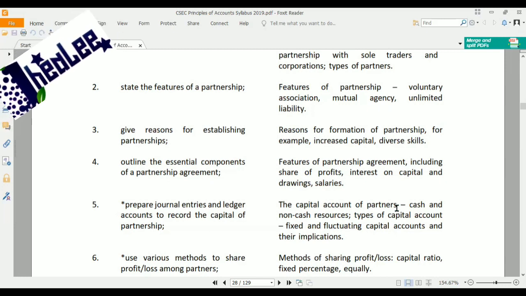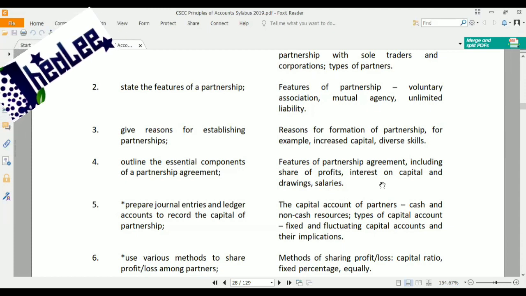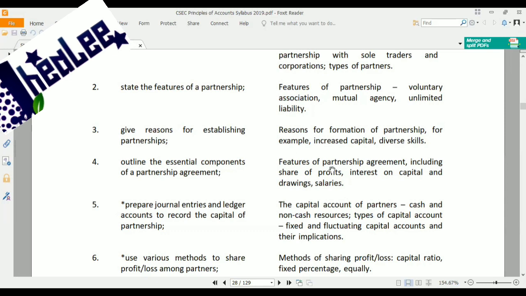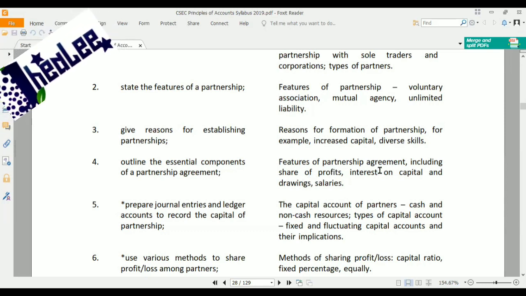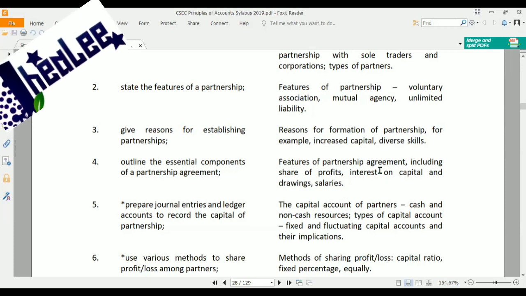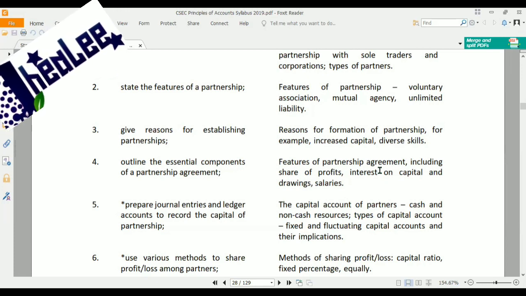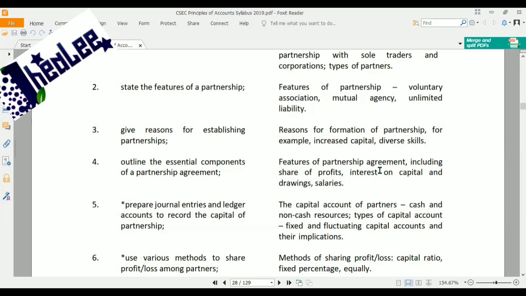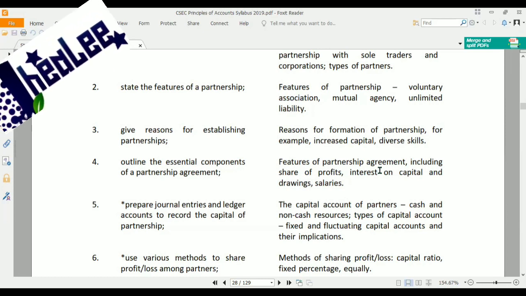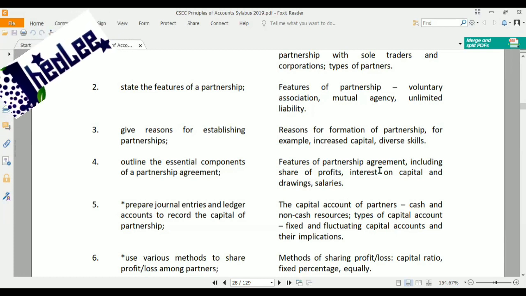So that's a lesson on the channel on partnership. Salaries: if any partner is to get a salary, and how much salary. As I said, this is an agreement between or among the partners, the partnership deed. If there's no partnership deed, you need to know what to do. There's no interest on capital, and there's no interest to be charged on drawings. Profits and losses must be shared equally. I did a lesson on how to share profits and losses based on what the question asks. If there's no deed, it is shared equally.